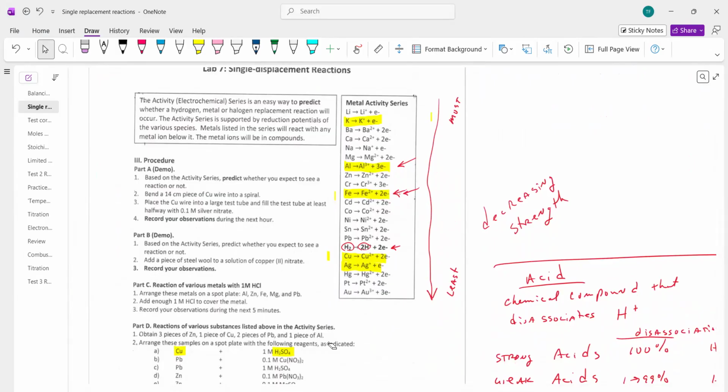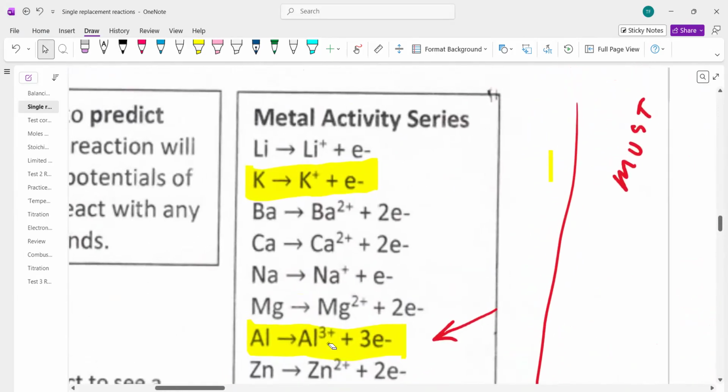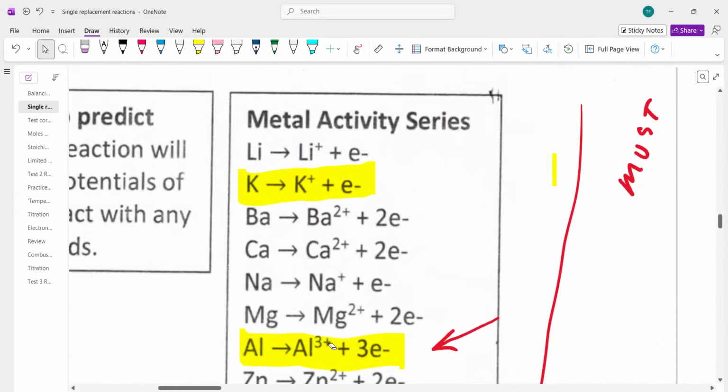Okay, so what does the metal reactivity series tell you? It tells you, and these are all metals being oxidized. So this is an oxidation series, because we're losing electrons here.